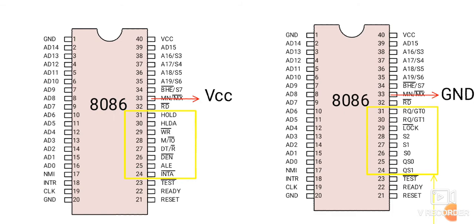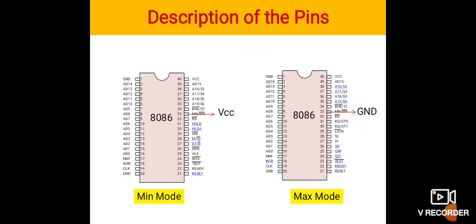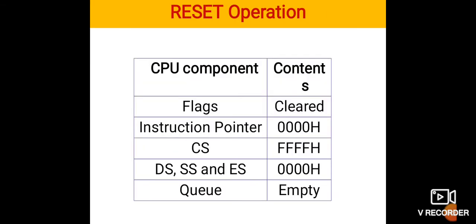For the maximum mode, we have the request grant lines, two lines allocated for it, lock, then status lines S2, S1 and S0, and the queue status lines. As I've already mentioned, MN/MX will be connected to VCC in the minimum mode, and connected to the ground in the maximum mode.